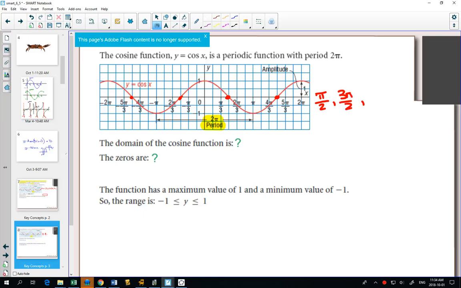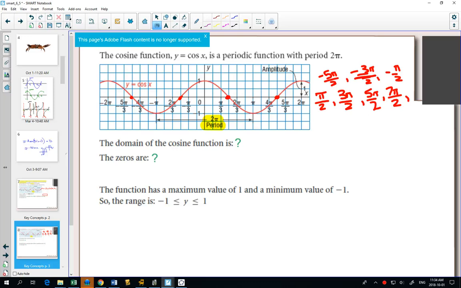If you went around the circle again, where would your next one be? 5 pi over 2 and then 7 pi over 2. And so on. And if we look at our negative ones, we have negative pi over 2, negative 3 pi over 2, negative 5 pi over 2.